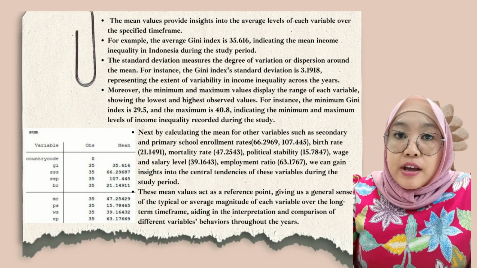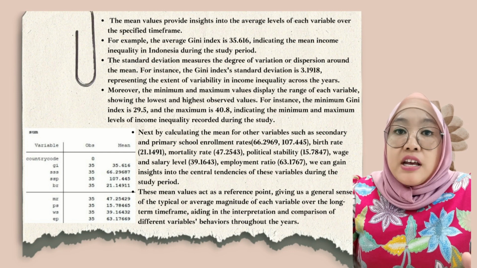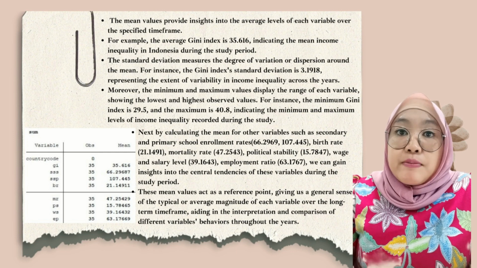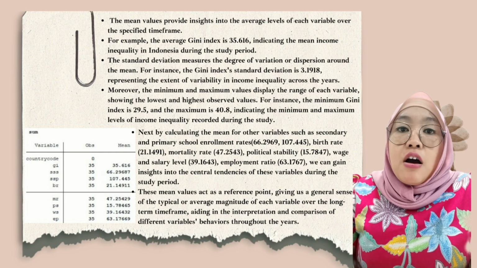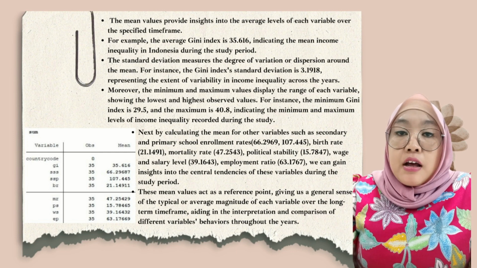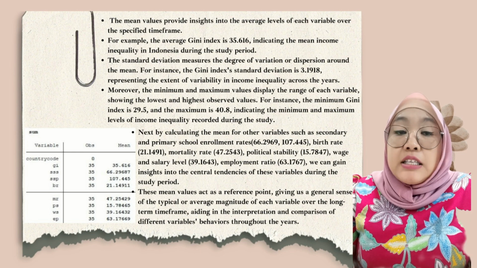This mean value is a reference point, giving us a general sense of the typical or average magnitude of each variable over the long-term time frame, aiding in the interpretation and comparison of different variable behavior throughout the years.